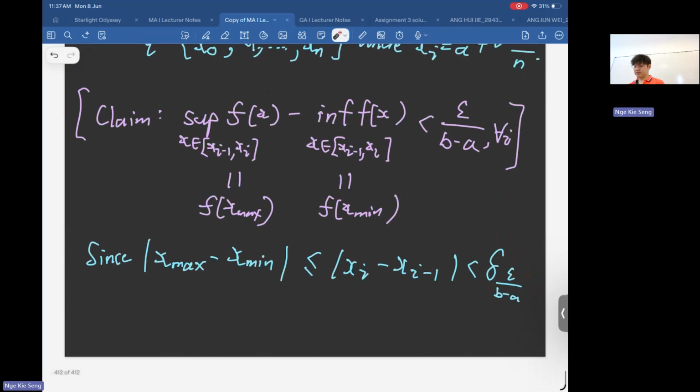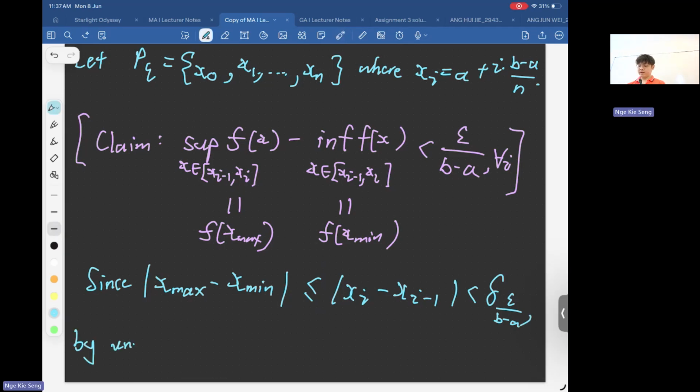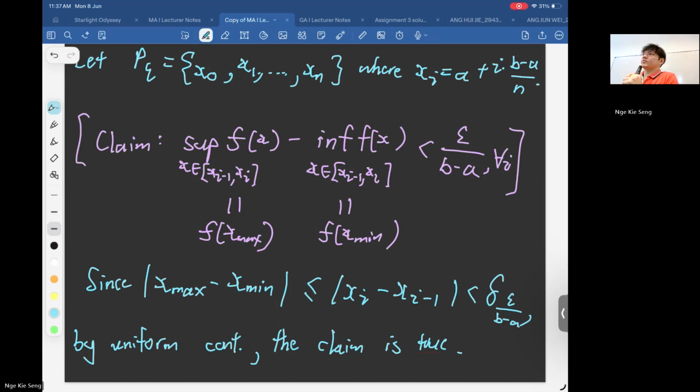This implies that the difference between these two numbers is less than epsilon over (b minus a). So by uniform continuity, the claim is true.